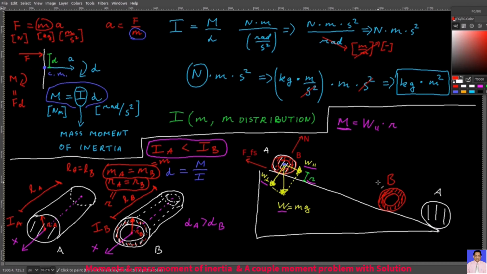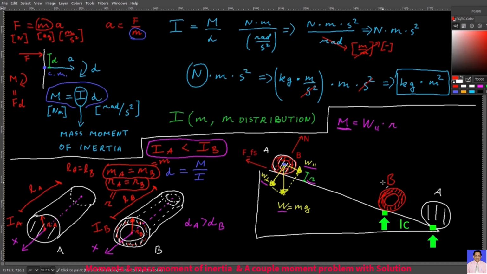Cylinder B will stay behind because it has more mass moment of inertia, which means it has more resistance to rotation. And by the way, since the moment is taken about this point IC that we call the instantaneous center of rotation, the mass moment of inertia is also with respect to that location, and not with respect to the center of the cylinder.